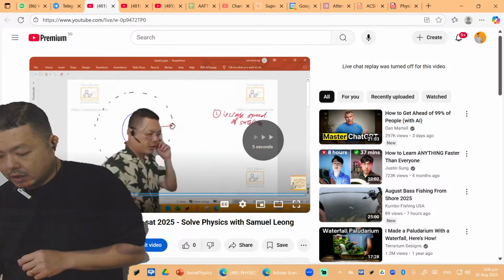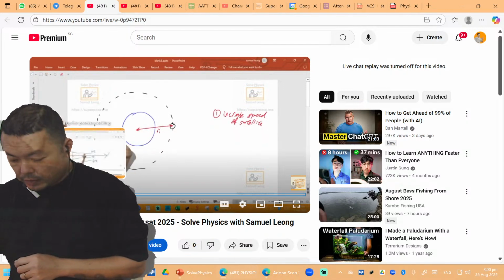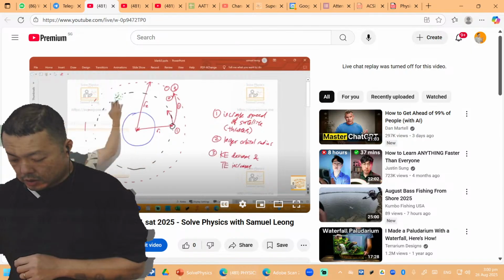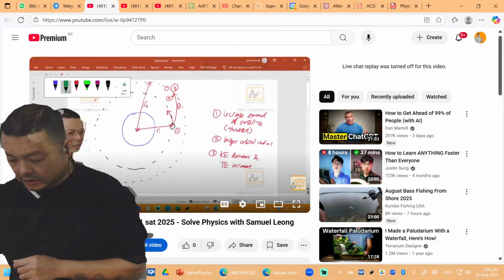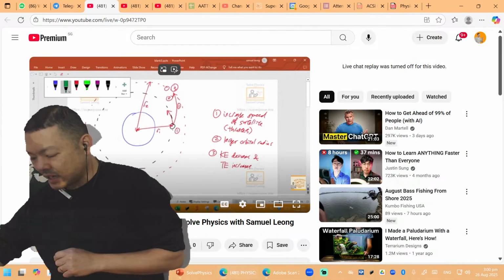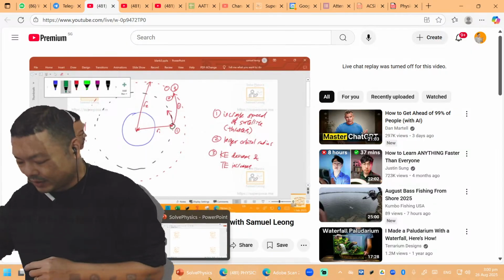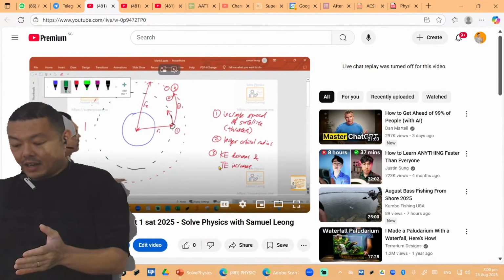Wait, what am I doing? Why do I increase the speed? I wanted to decrease the speed. Why do I go through an example where I'm increasing speed? That's so annoying. No, I wanted to do decrease speed. That means I didn't do the decrease speed version. I did the increased speed version, which is lame. I usually don't do increased speed. Okay, I'll do the decreased speed now. Okay, all right. So that's in my video.